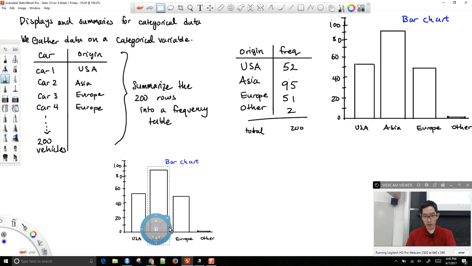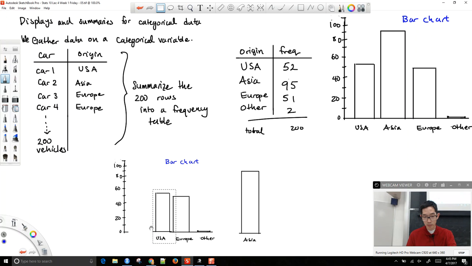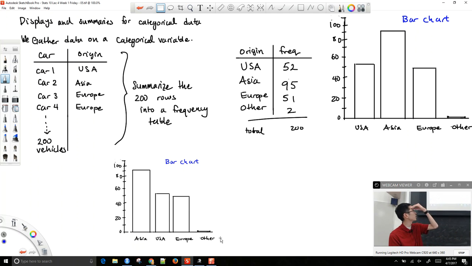Somebody else can say, I want to rearrange the bars to go in this order, and that's allowed. We can sort them from tallest to shortest. That's fine, because the ordering of the bars is arbitrary.